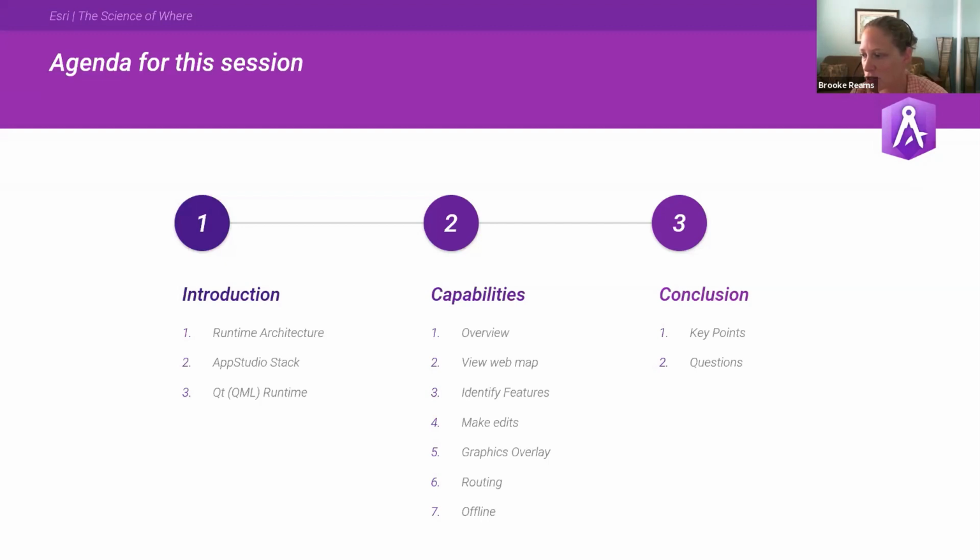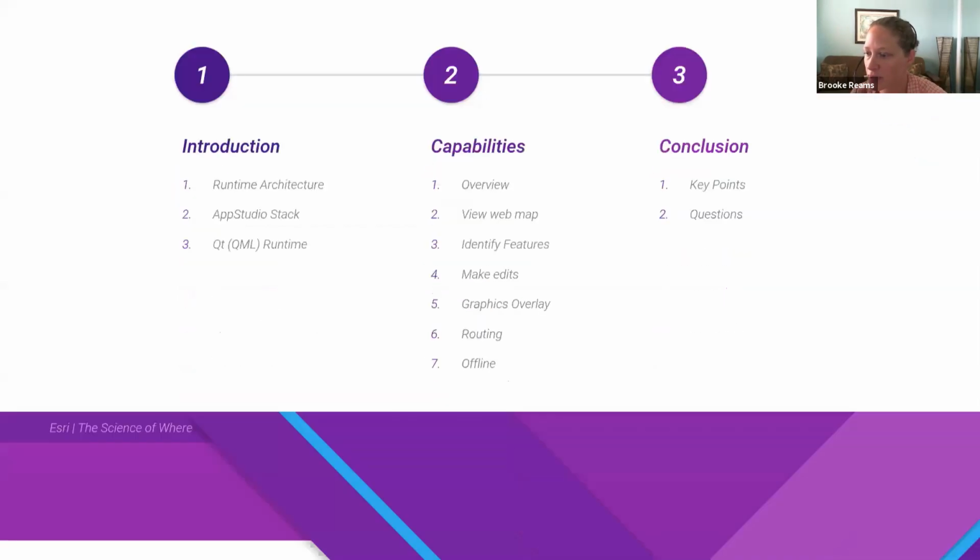Then we'll switch gears and do a second app that will start with a graphics overlay, and then we'll add routing to that. And then finally, we'll just talk a little bit about offline. And then in the conclusion, we'll go over some key points and I'll take any questions.